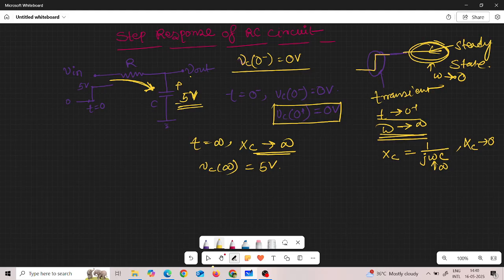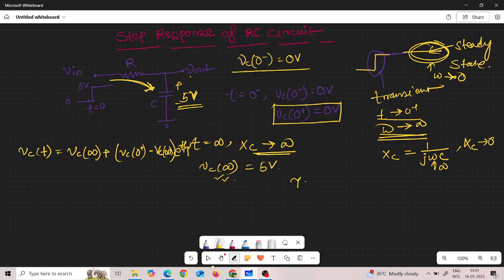So if you want to find the equation of the capacitor voltage, you need these two values, Vc at t is equal to 0 plus and Vc at infinity. We know the voltage of the capacitor Vc(t) is equal to Vc(infinity) plus [Vc(0 plus) minus Vc(infinity)] into e to the power minus t by tau, where tau is the time constant of the circuit.